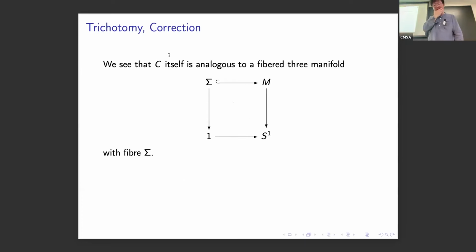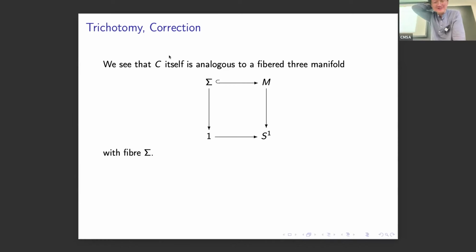So we see that C itself, as I already said and am just putting on the slide, is analogous to a Riemann surface fibered over S1, with the fiber at a base point being the Riemann surface sigma. This is the better analogy, what they had originally thought in the dichotomy letter.